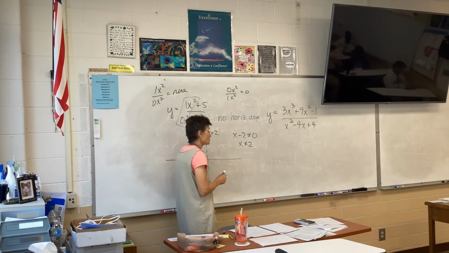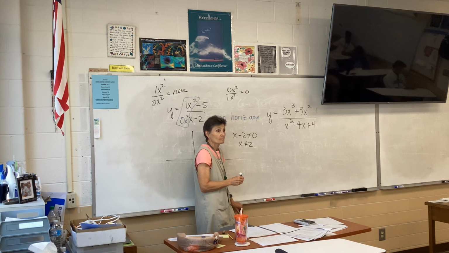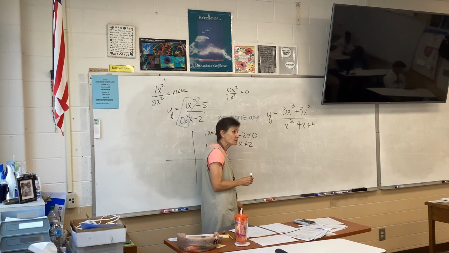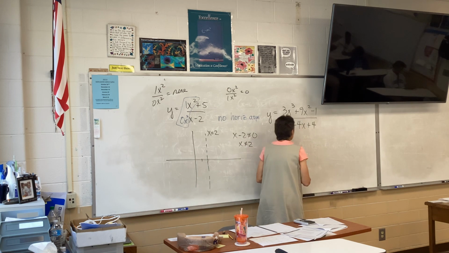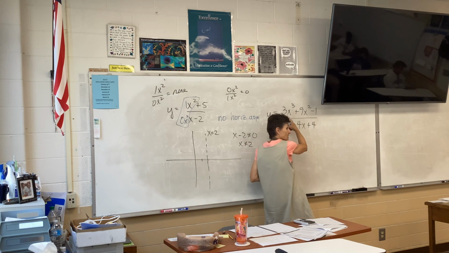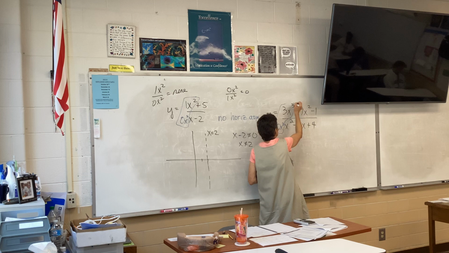All right, how about the next one? What do you think we ought to do with this guy? Same thing in terms of the horizontal asymptote. So he says for my horizontal, the biggest power is x cubed. But I don't have one on the bottom, so I'll go ahead and stick one in there.